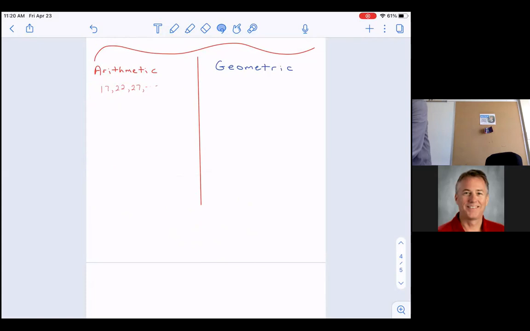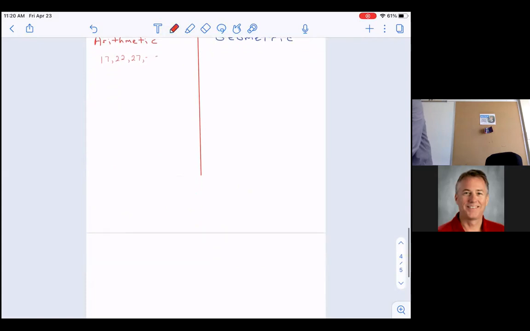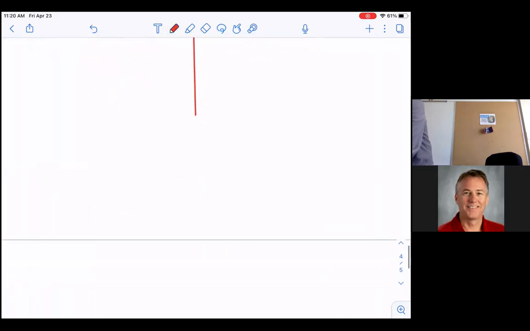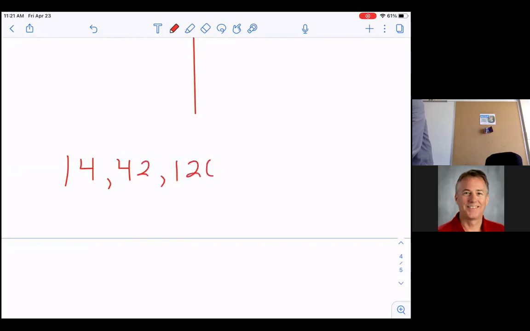Now for our second string of numbers, I'll write them down here at the bottom. I'm going to start with 14, 42, 126, and so on.